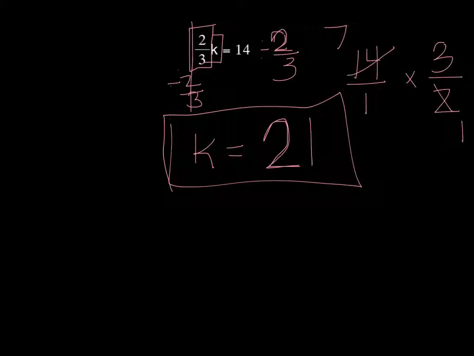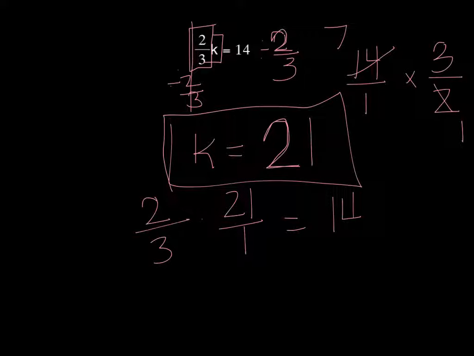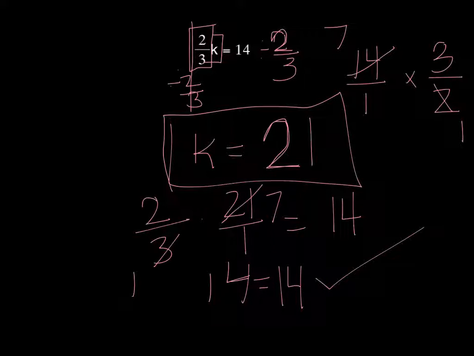Now, if I want to go back and check my work, I could do 2/3 times 21 over 1, and it should get me a 14. So if I divide this by 3, divide this by 3, I would really get 2 times 7, so I would get 14 equals 14, and it does check out.